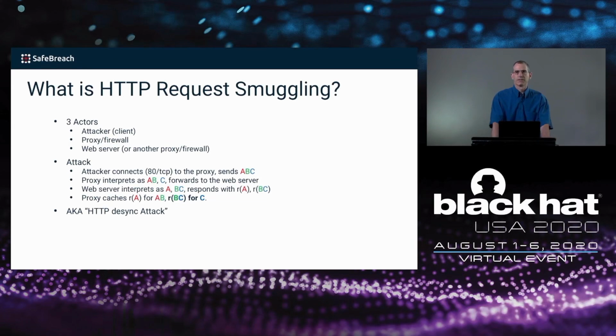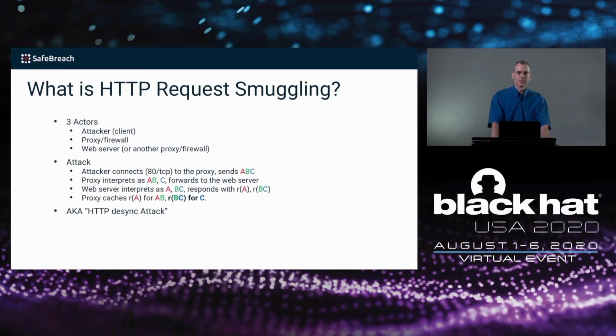The attack involves the attacker connecting over TCP port 80 to the proxy and sending it an HTTP stream consisting of three parts: A followed by B followed by C. We designate the A part in red, the B part in green, and the C part in blue.